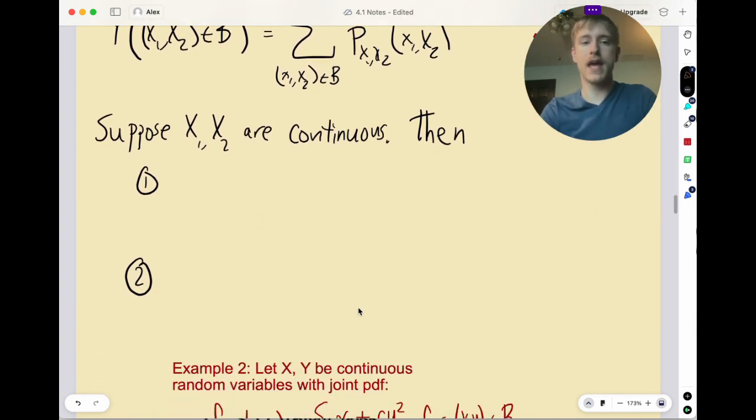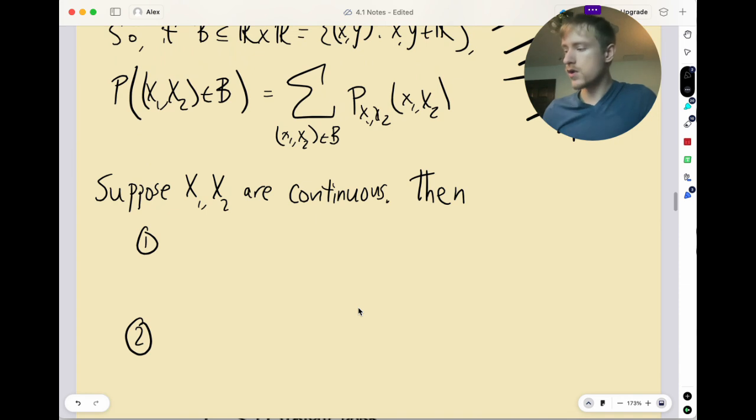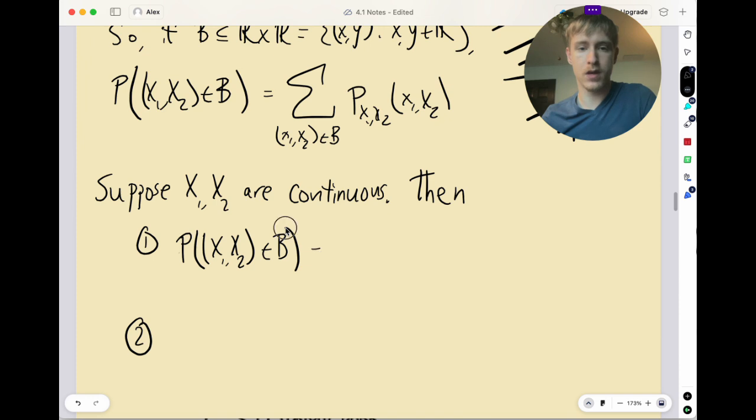Now suppose that x1 and x2 are continuous. We have a similar two properties, but the first one I'll put in terms of this subset B. If B is a subset of r cross r, the probability that x1 and x2 belong to B is a double integral over the region B of the probability function, dx1 dx2. Instead of summing over distinct points, B is a continuous region.